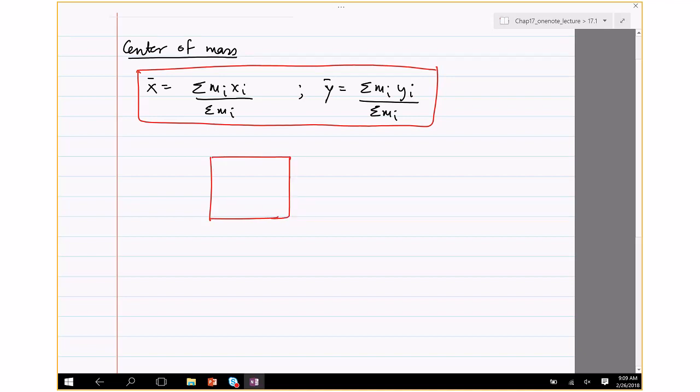center of mass. So if you consider two rectangular plates, okay, you know that the center of mass for the first plate is right at the middle, so that's going to be x1, y1, assuming that this is the origin.